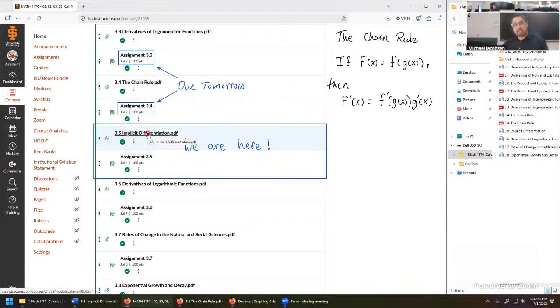The idea with implicit differentiation is essentially just the chain rule. So we're going to be reviewing the chain rule really a lot ever since we introduced it in the last section, 3.4. And then we'll see another big technique for implicit differentiation when we go to derive the next classification of functions, the logarithmic ones. We already know how to differentiate the exponential functions, but their inverses are all the logarithms.